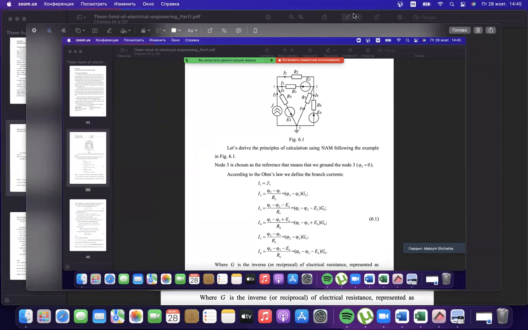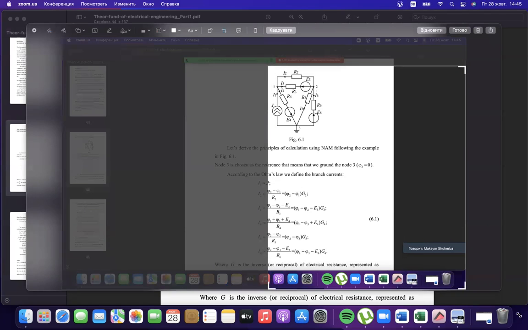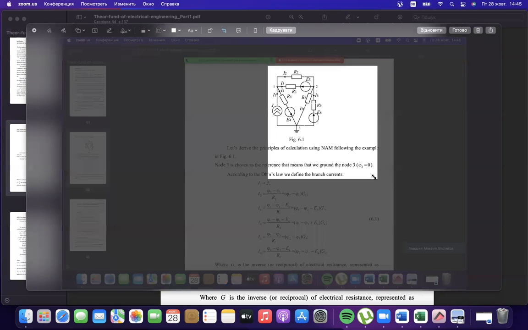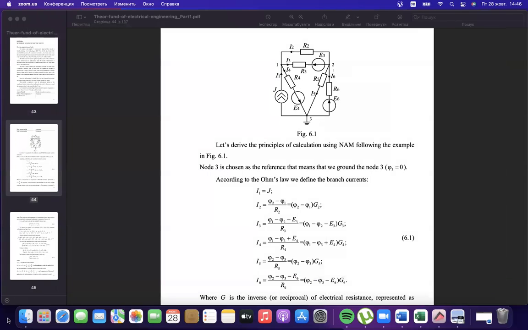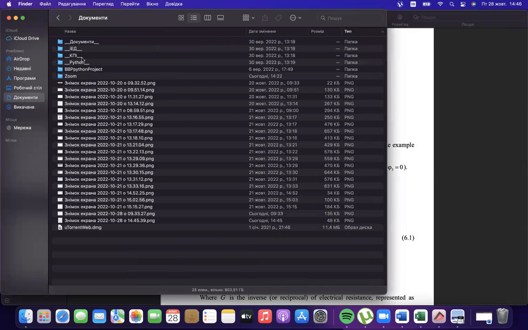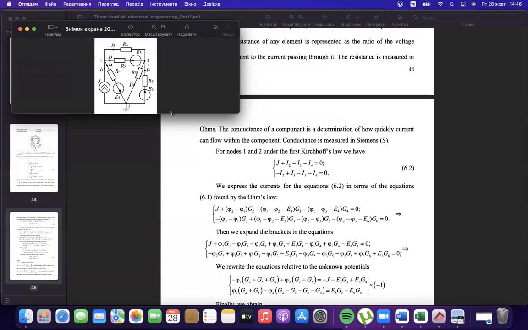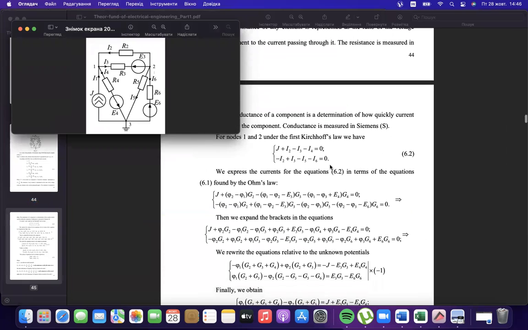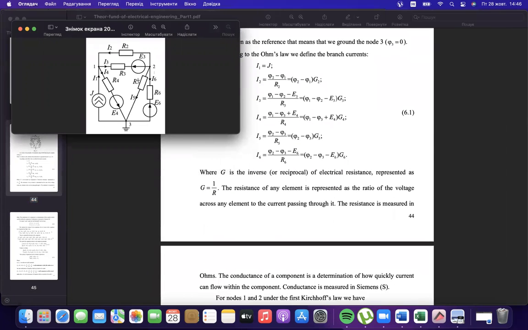Let's save this picture. Then we wrote all currents from this system.